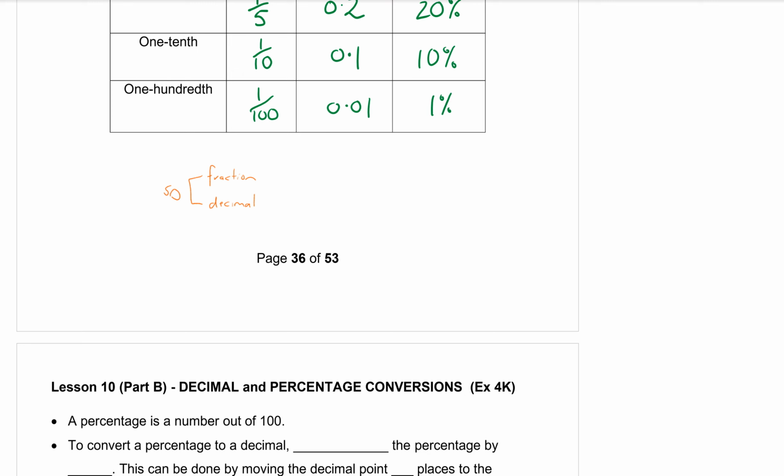But if I want to get to a percentage, so there's my percentage sign, so I don't have to write the whole word, from either one of those, you times by 100. If I have the percentage, though, and I want to go to a fraction or a decimal, you divide by 100. And you can use your SD button to change from the fraction to the decimal again if it gives you the wrong one. So that diagram is going to be very, very helpful in this next section.